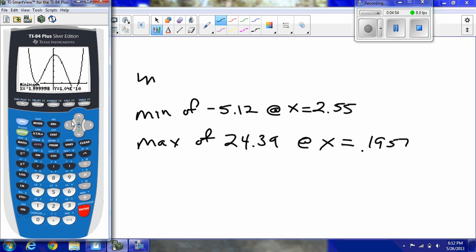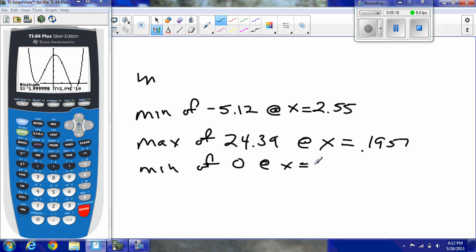Really what it is is 0, but the calculator isn't telling me that. And this -1.99999 is x equal to negative 2. So really I have a minimum of 0, the y value, at x equals negative 2.